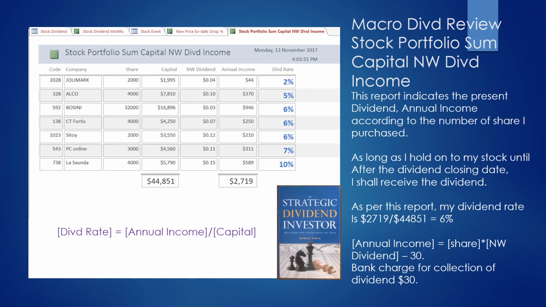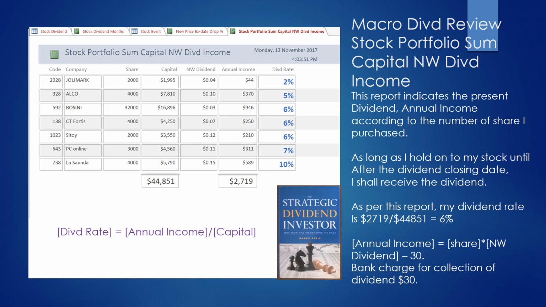Macro Dividend Review. Stock portfolio sum capital, new dividend income. This report indicates the present dividend, annual income, according to the number of shares I purchased. As long as I hold on to my stock until after the dividend closing date, I shall receive the dividend.